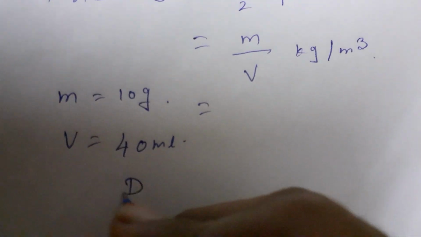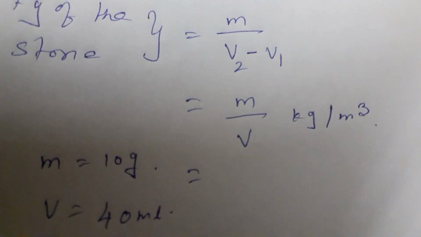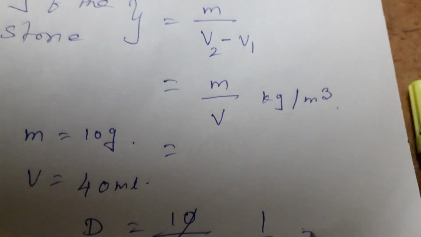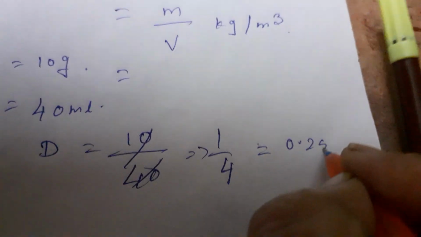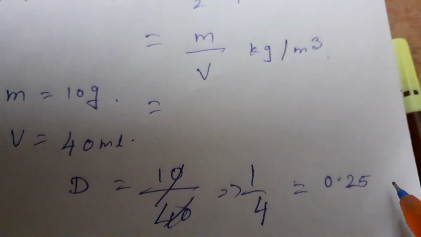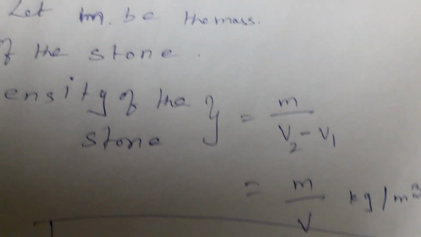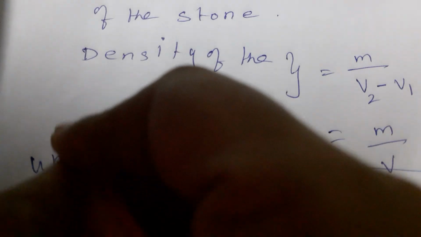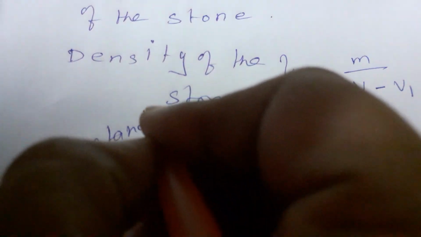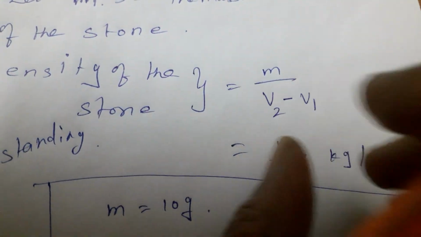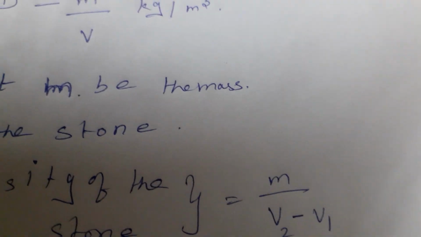Then your density is equal to 10 by 40, which is 1 by 4, that is equal to 0.25 gram per cc. In such a way, you have to do the calculation. The calculation part is not necessary; it is just for understanding. So in this way, you have to finish writing your detailed answer.